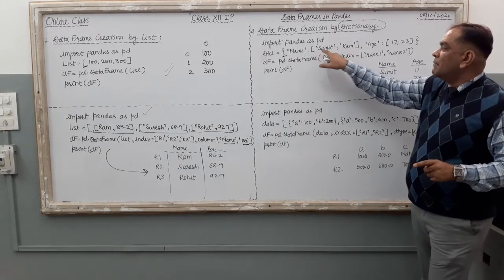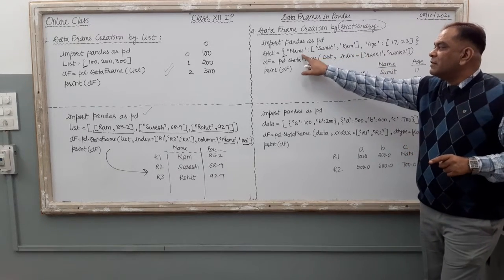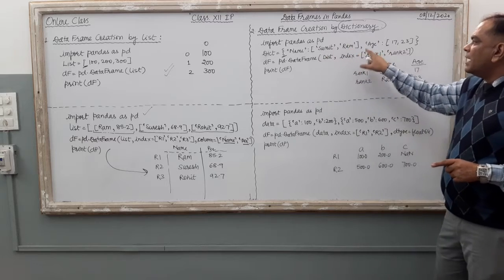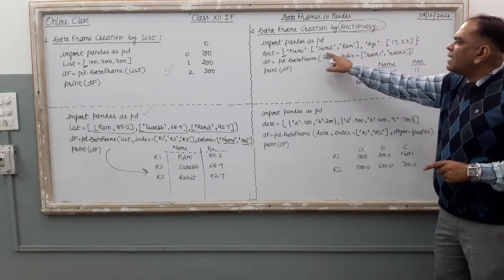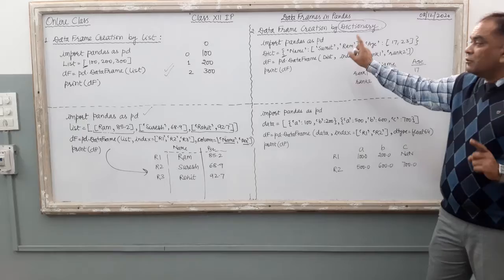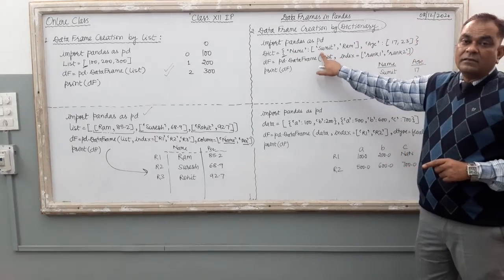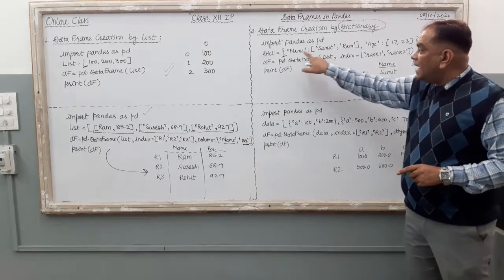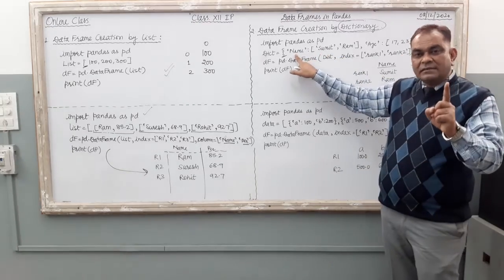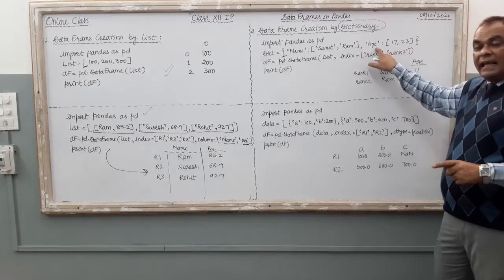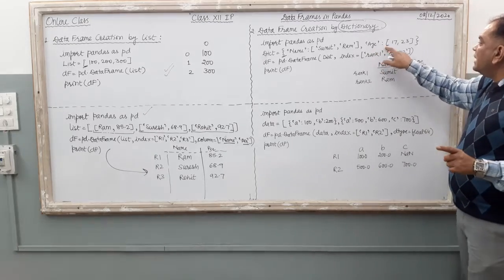You just apply multiple values with the first key: Sumit, Ram, Mahesh, Suresh, Mukesh, and any number of names you can include. So what example is this? Dictionary with list. Values are in the list and the key is separated. So the first key is name, comma, the second key of the dictionary is age with a list of values.